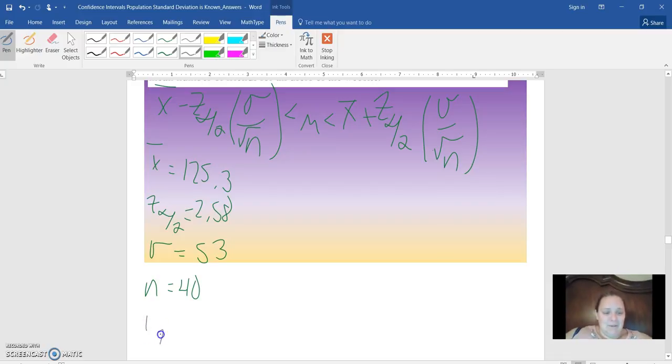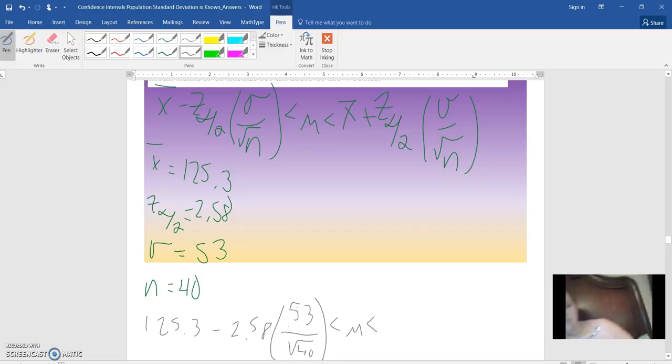All right, X bar, 125.3 minus 2.58 times sigma, which is 53, over square root of N, which is 40. And we're going to do the same thing. It's going to be 2.58 times 53 over square root 40.